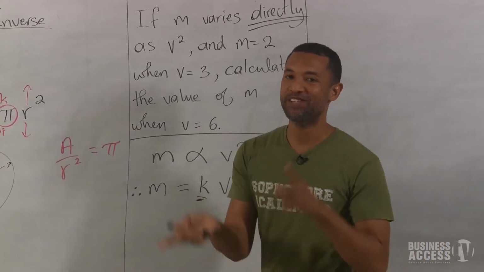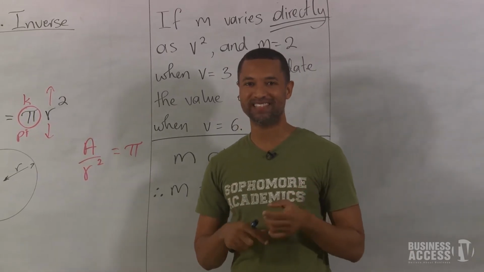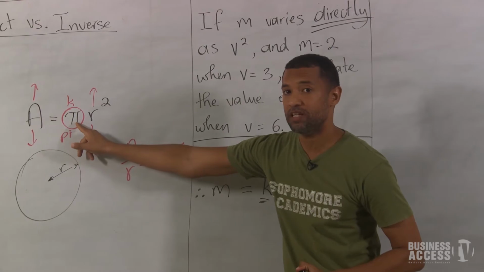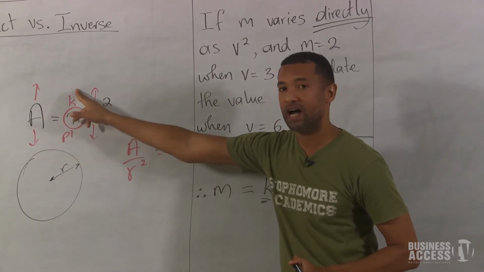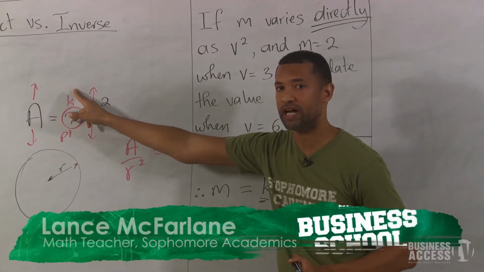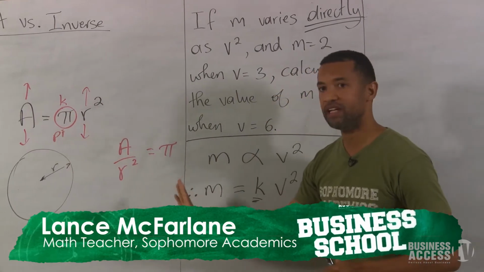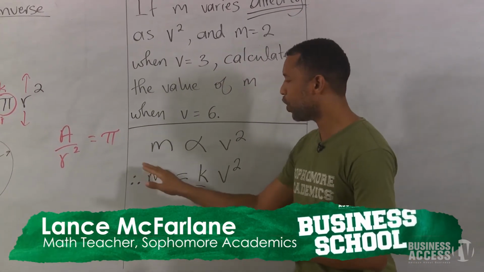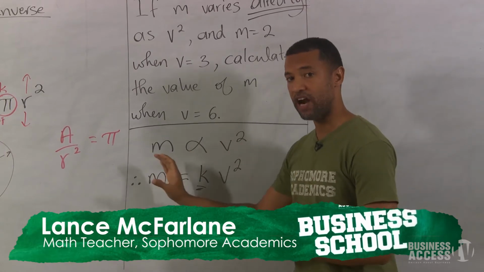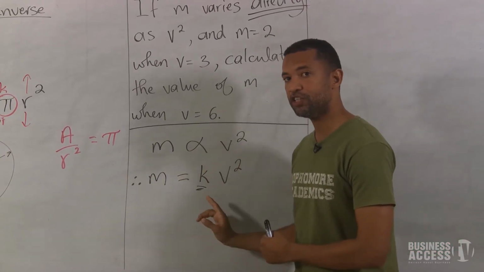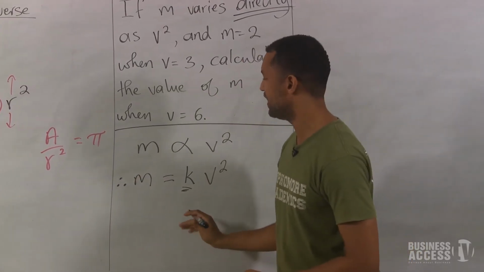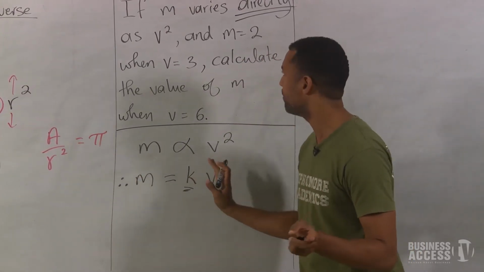I mentioned it in the first part of this tutorial when I was speaking about pi being a constant of proportionality. So once you hear that we have direct variation, you need to remember that this k exists. Now, after that, it's just quick calculation. This is the hard part, I promise you.